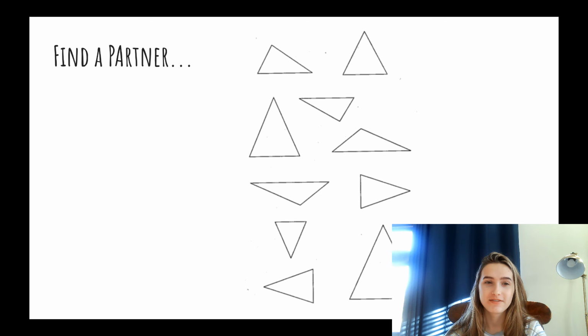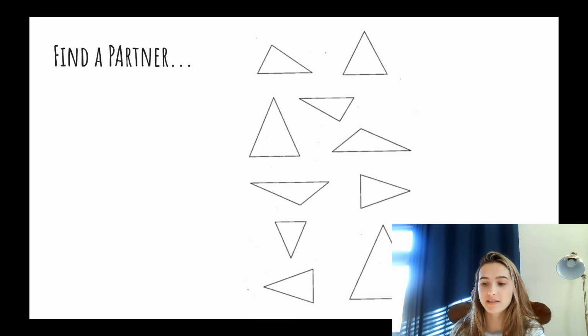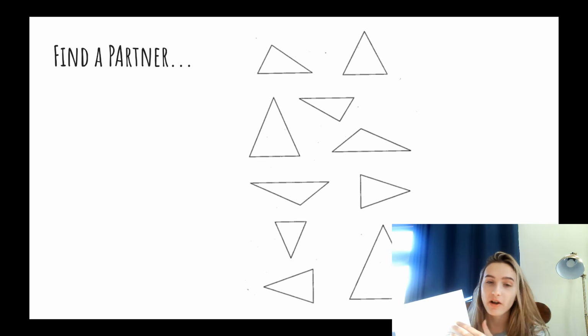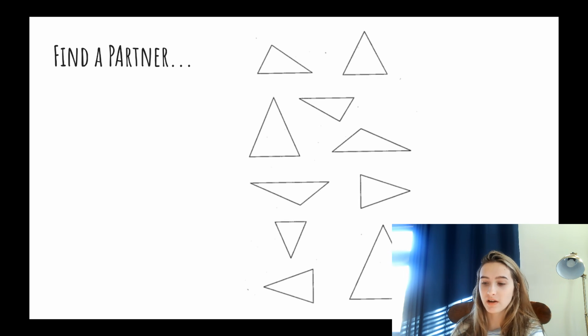No questions? Great. So our next activity, we are going to find a partner, and I'm going to be passing out these sheets, and we are going to be practicing what you guys just learned. So with these sheets of paper, you guys are going to cut out the triangles, and then you are going to be getting with a partner and trying to figure out what each triangle is, based on what we just learned in the video.